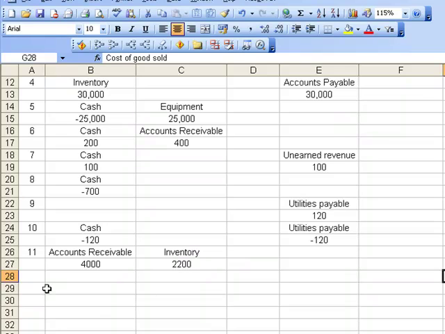Now let's move on with the concept of adjustments. Adjustments are events that do not normally occur according to the source documents, and that's why, at the end of the month, end of quarter, end of year, the accountants look for these kinds of transactions that need to be adjusted because of the time passing.